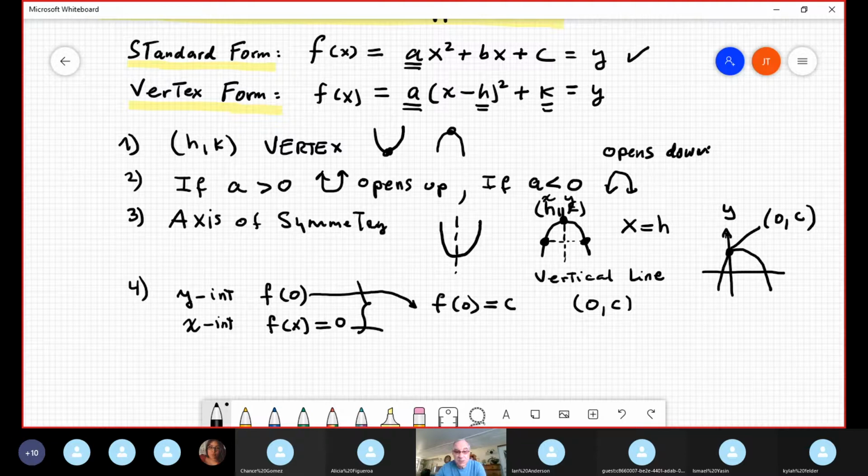And the x-intercept, well, it's different. You take the f of x, in our example ax squared plus bx plus c, and you force it to be equal to 0. Then you have the quadratic equation.